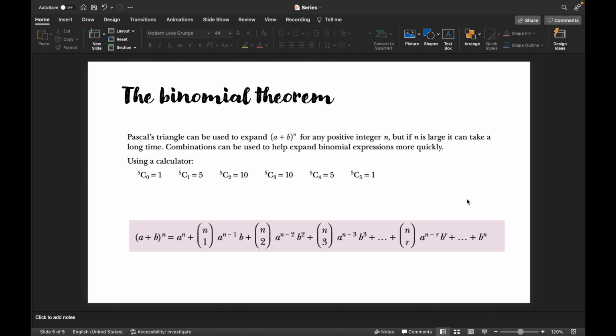The second method of solving a question like that would be to use the binomial theorem. It's pretty similar to the Pascal's triangle in terms of the logic, but the way you derive it is pretty different. So what we're trying to find in both the Pascal's triangle and the binomial theorem is a value or a constant that we have to multiply with each term.